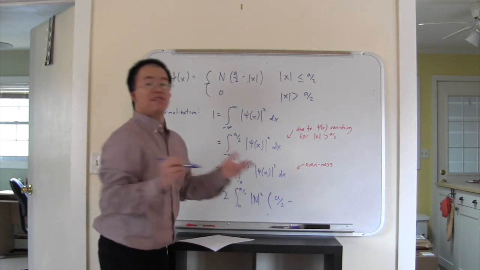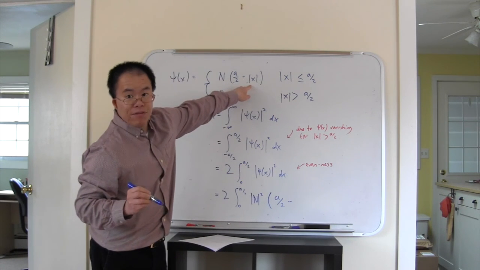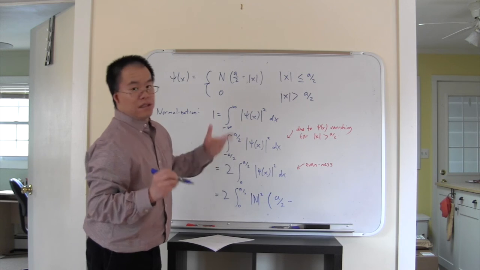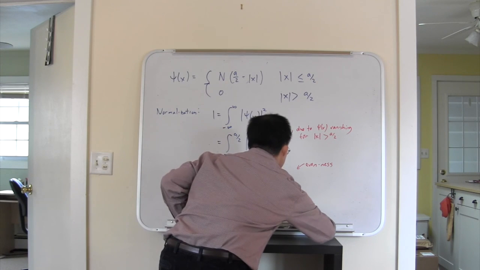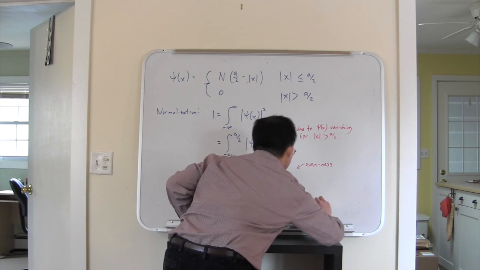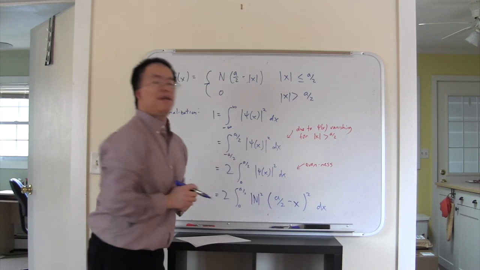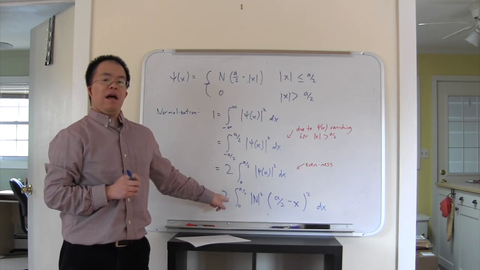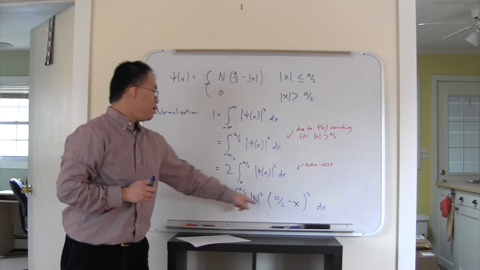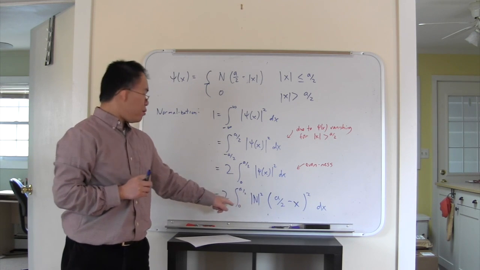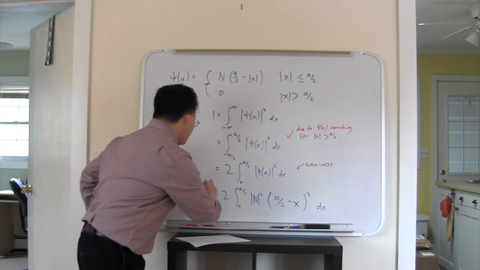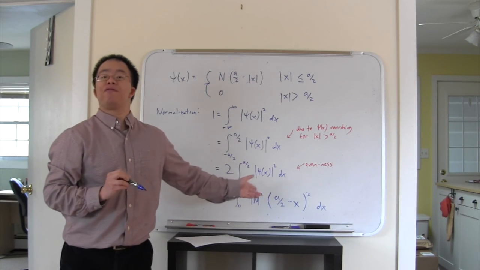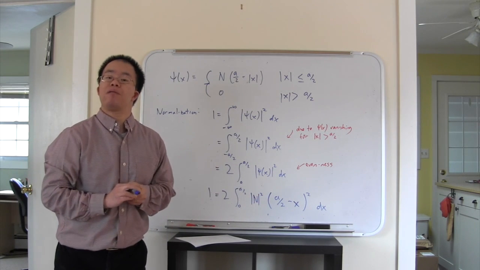We're at positive x, so absolute value of x is just x. So I have that quantity squared dx. So at this point, I just need to evaluate this integral, set it equal to 1, and then solve for n. That's what I'm going to do.